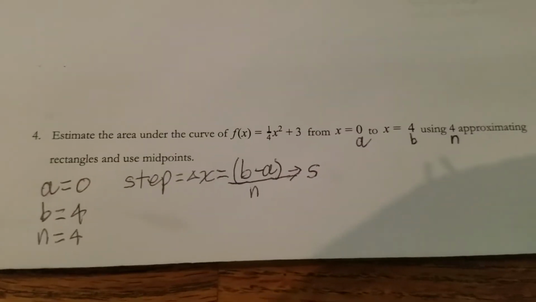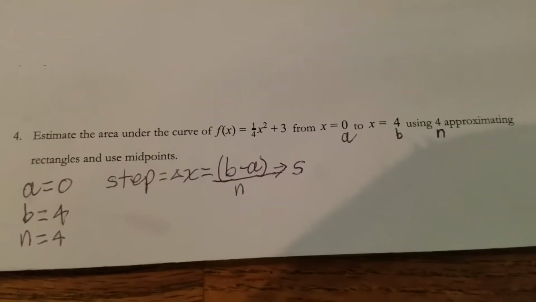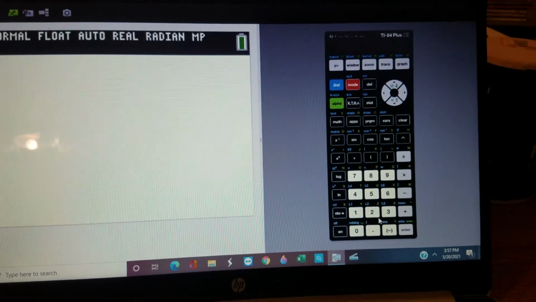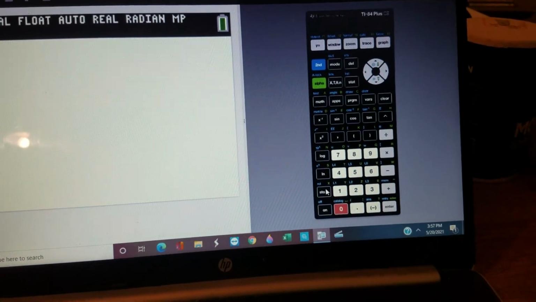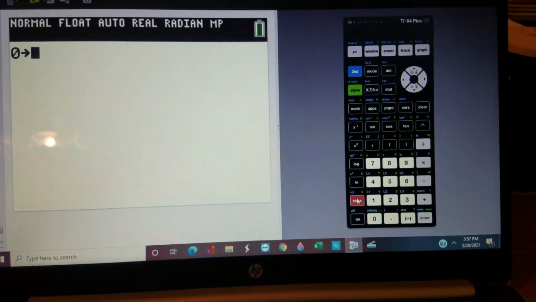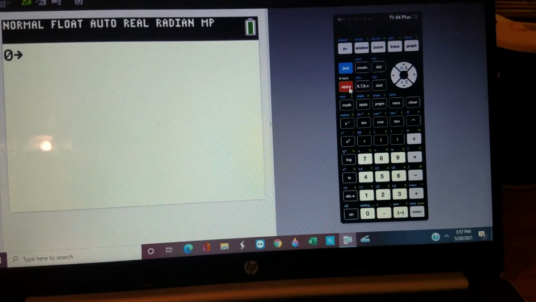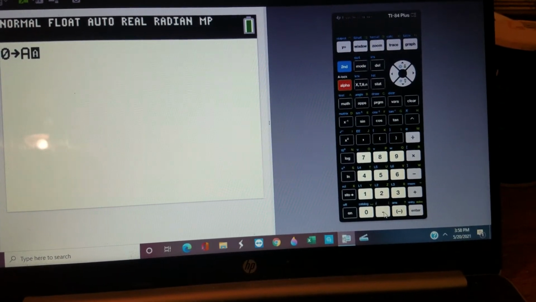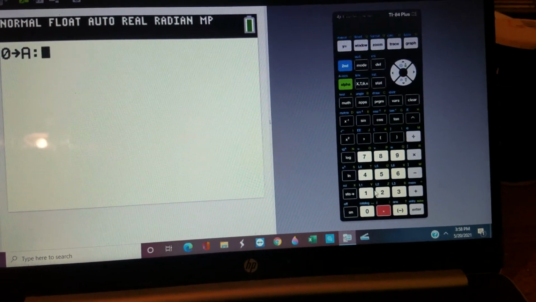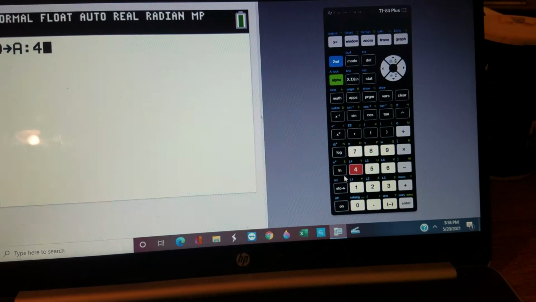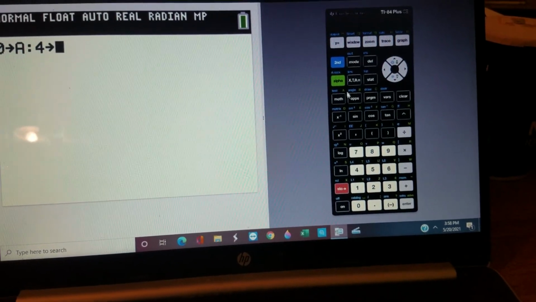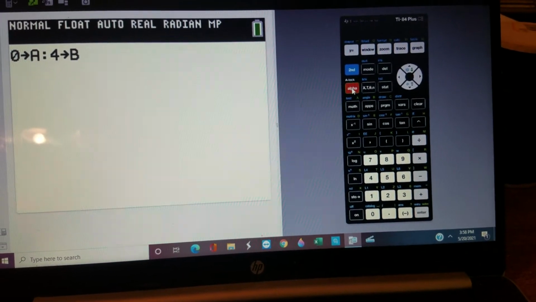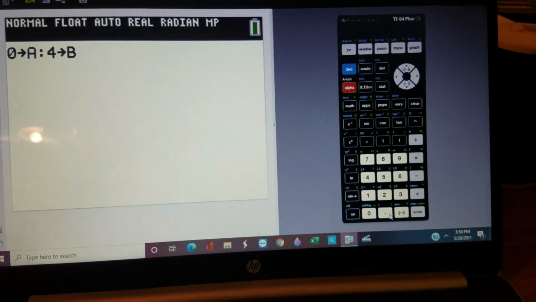Okay, what I'm going to do is look at my TI-84, and the first thing I'm going to do is take my left boundary, hit this very helpful store button, store alpha A, hit the colon for store alpha B. A little hard to see, but it's colon down here in the green.